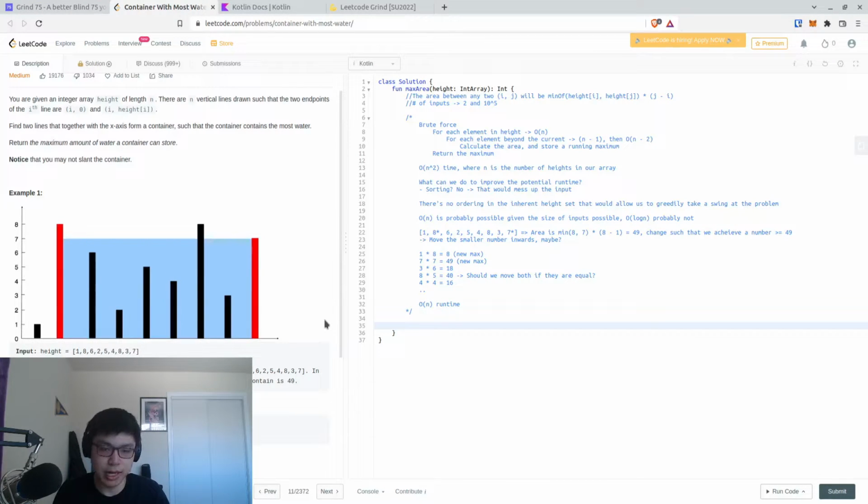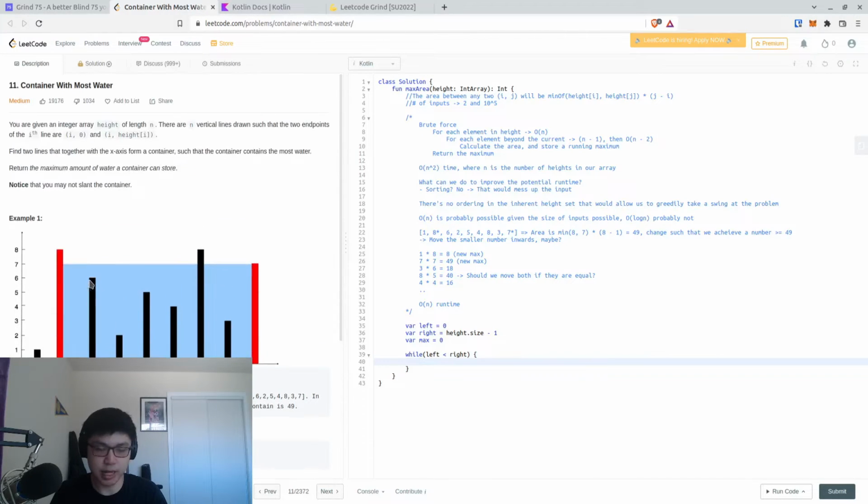We could try that. So var left is equal to 0, var right is equal to height size minus 1, while left is less than right. We should say var max is equal to 0, it doesn't really matter.